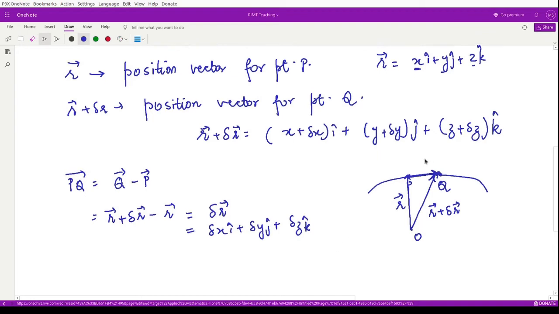Now if you see this curve, it is some curvy curve, right?